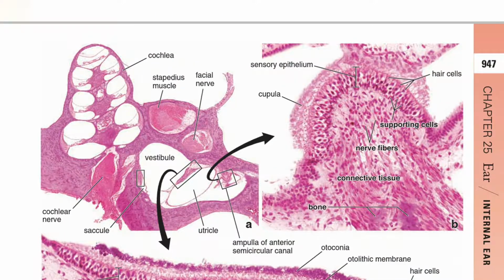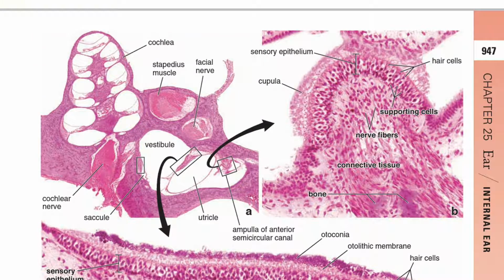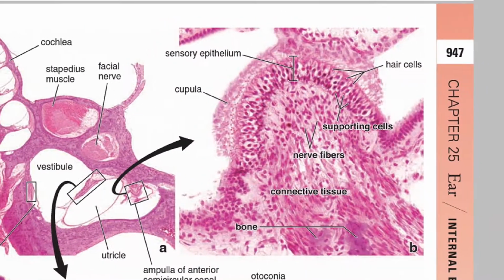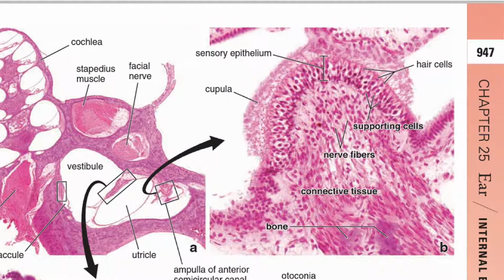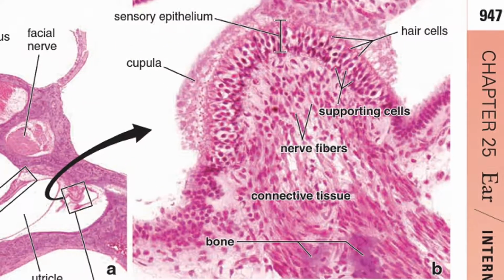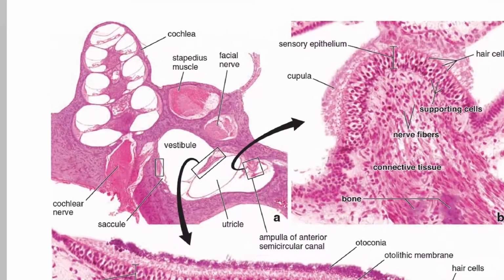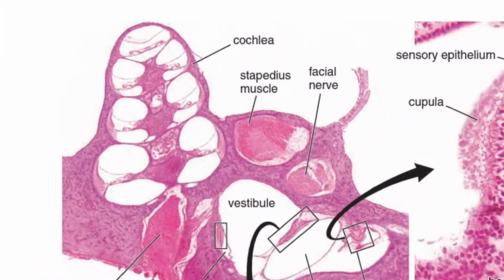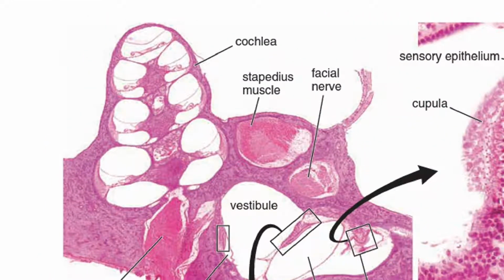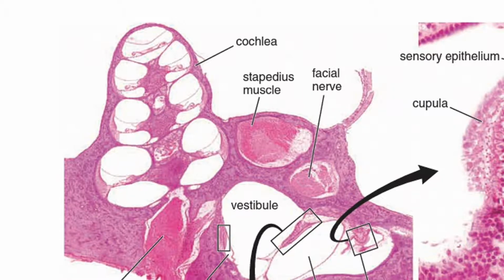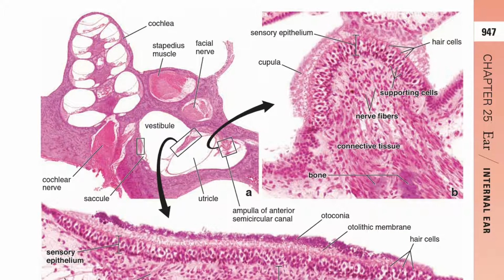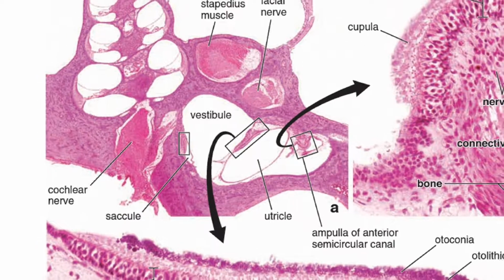Now this is a histological slide. Here you can see cupula, hair cell, sensory epithelium, supporting cell, nerve fiber, connective tissue, bone. And here in this figure, see cochlea, then the vestibule, utricle, saccule, cochlear nerve.